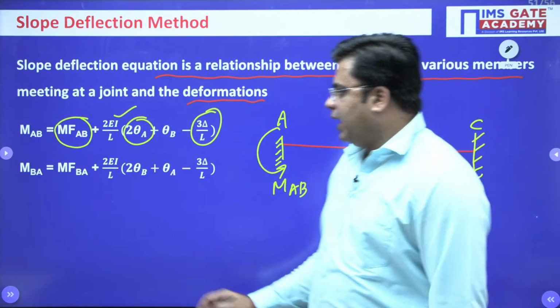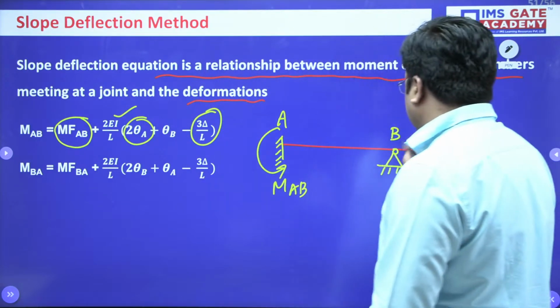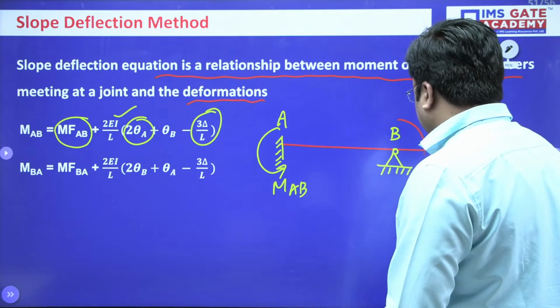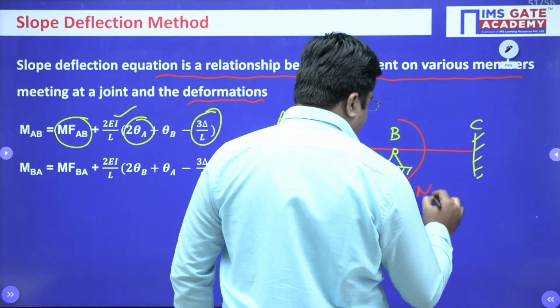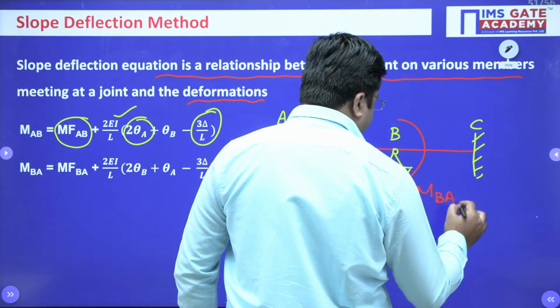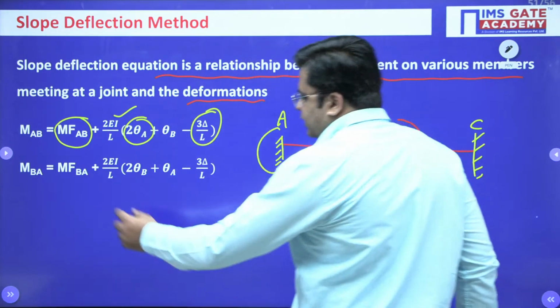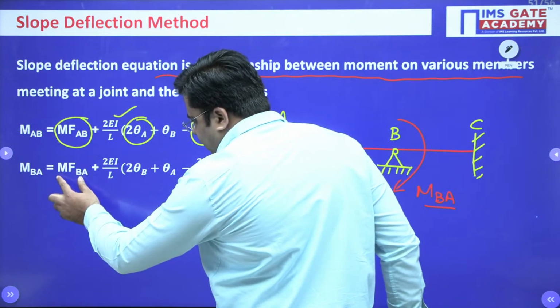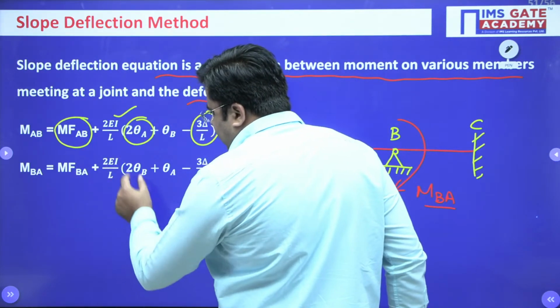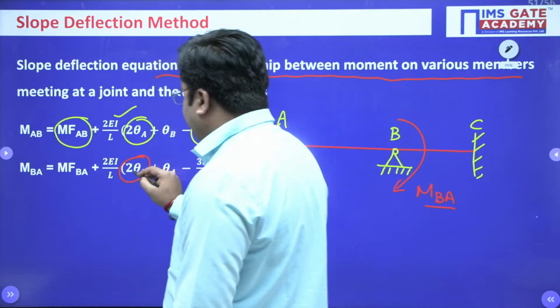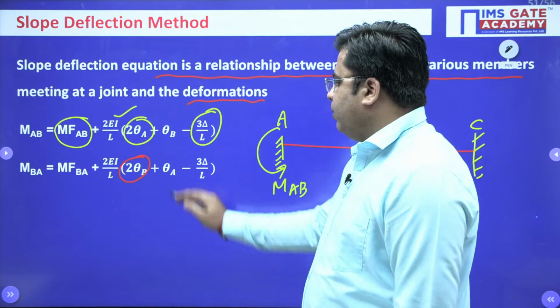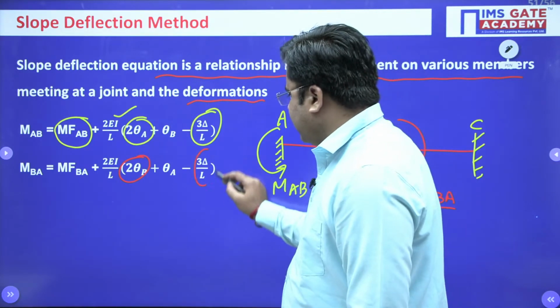Next is MBA, if I talk about the other end. MBA can be written as the fixed end moment MFBA plus 2 EI by L into (2 theta B plus theta A minus 3 delta by L).